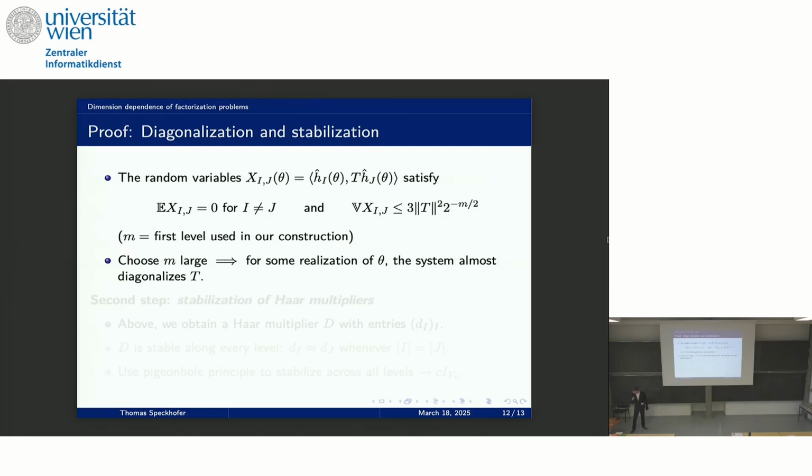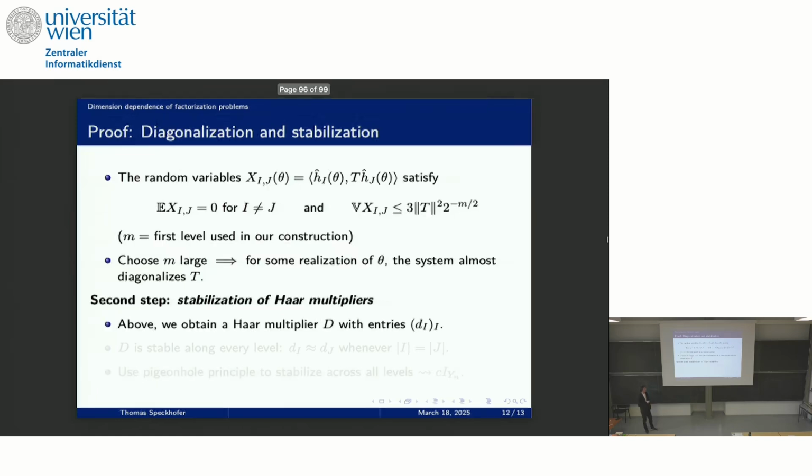And in the end, let me briefly mention the second step, which is a stabilization of Haar multipliers. So from the above arguments, we obtain a diagonal operator, a Haar multiplier, with some entries di. So hi is mapped to di times hi.